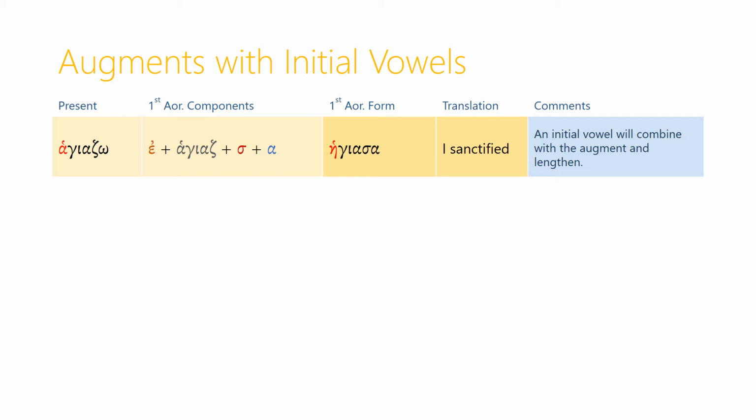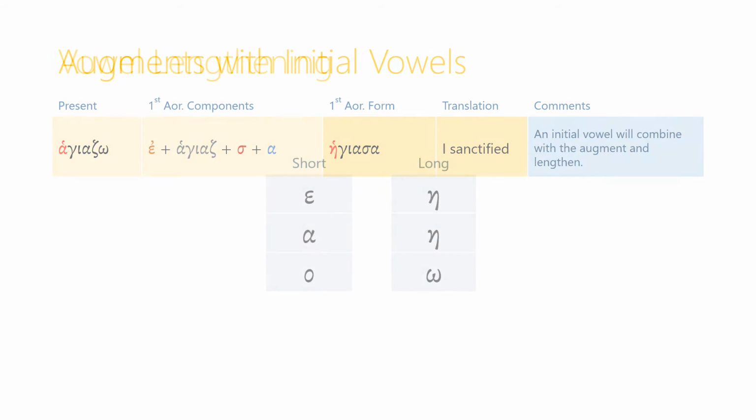So instead of ehagiasa, we have hagiasa. The alpha has lengthened to an eta, but we don't have a separate augment. That means that when we're looking at first aorist verbs, we're going to have to look not just for the separate augment, the epsilon, but also for a lengthened initial vowel if the stem starts with a vowel.